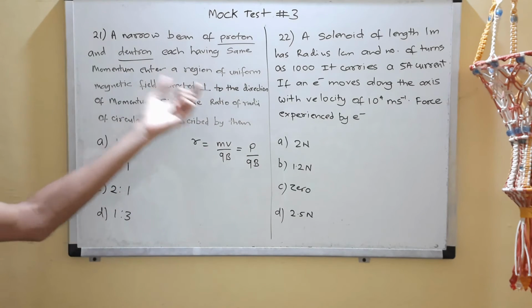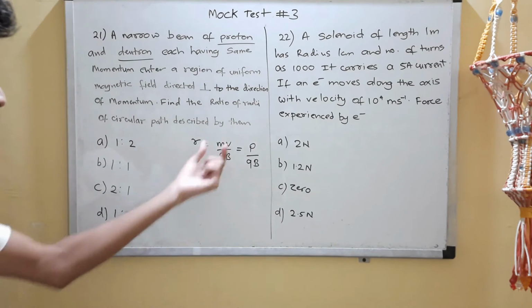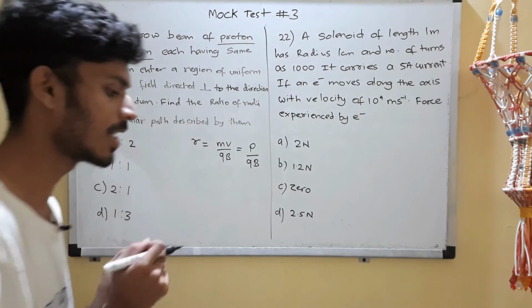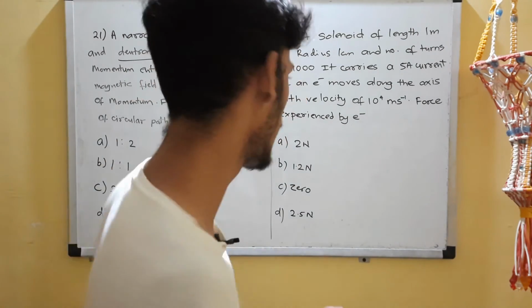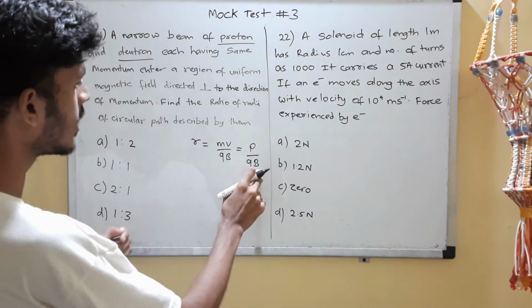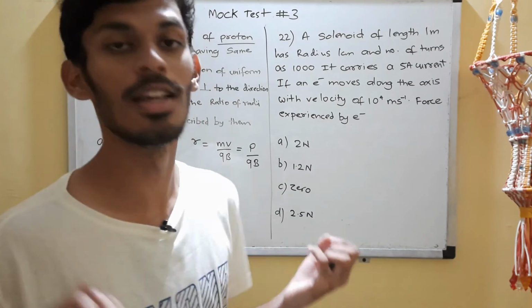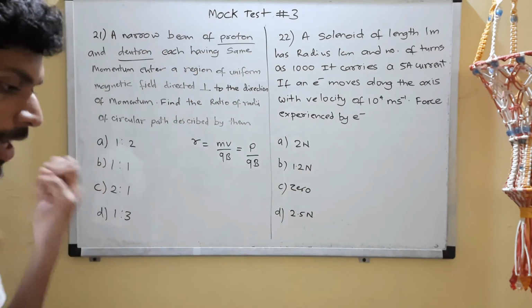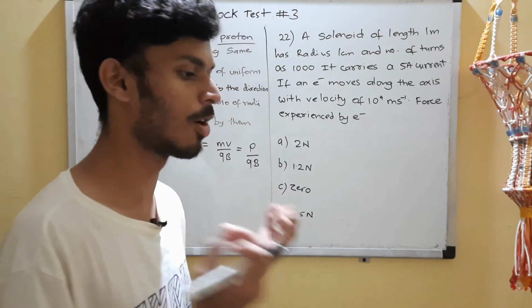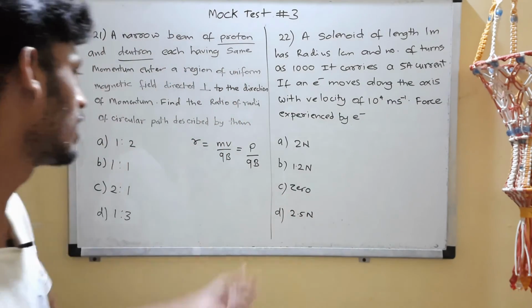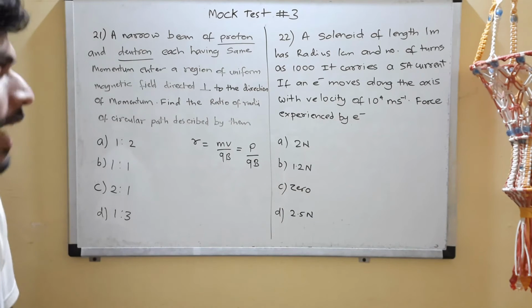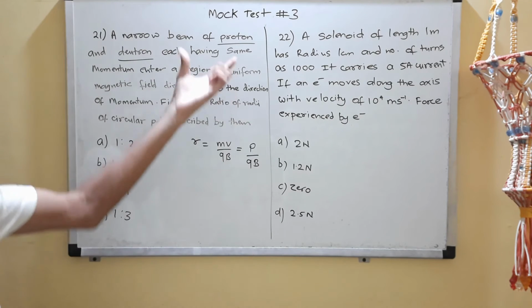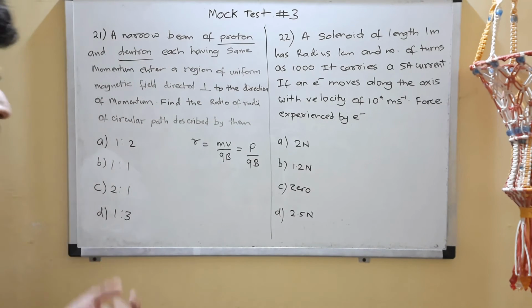They have told us in the question that they have the same momentum. So mv, the product of mass into velocity, is same for both. Also, the magnetic field is uniform, it's same for both. They are moving or propagating in the same magnetic field, so B is same for both. Q, the charge of proton and deuteron, are the same.